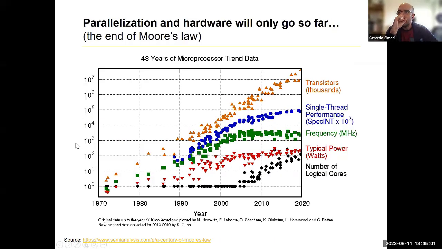So parallelization in hardware will unfortunately only go so far. This graph is also sometimes titled the end of Moore's law. I don't know if everybody here remembers, but up until essentially here, you can see it happening with the number of logical cores in black. You can see that it was just one, right?